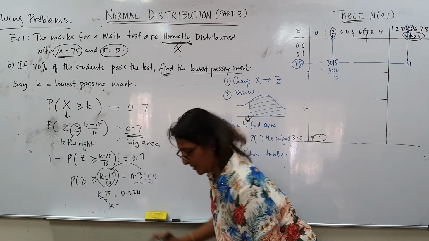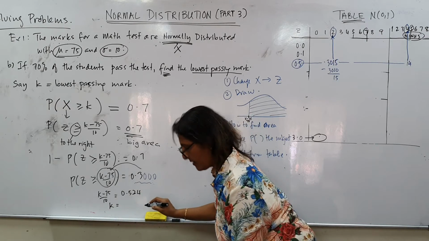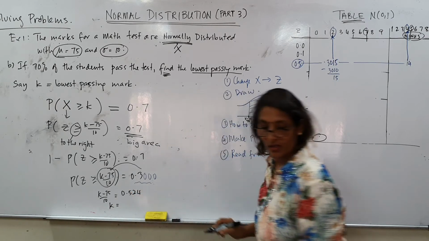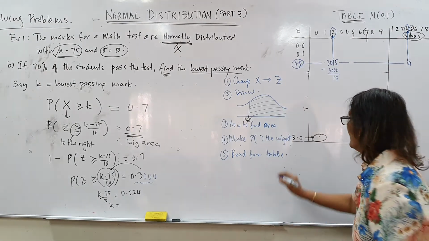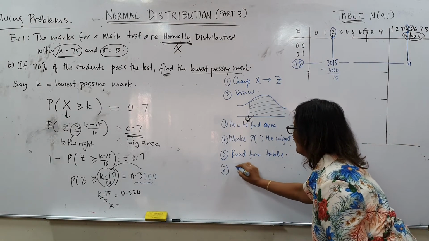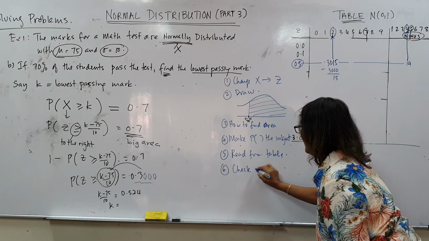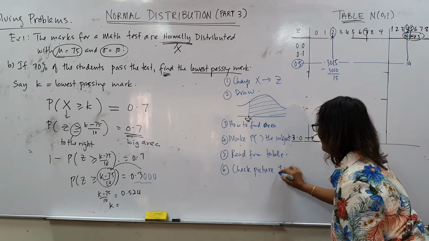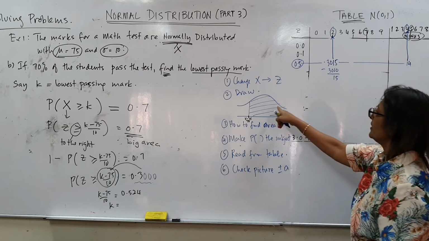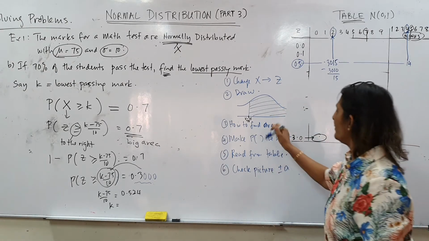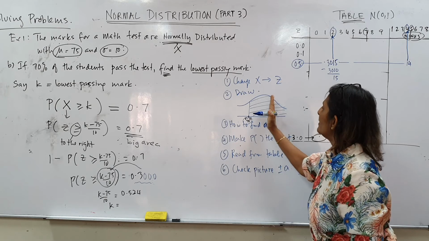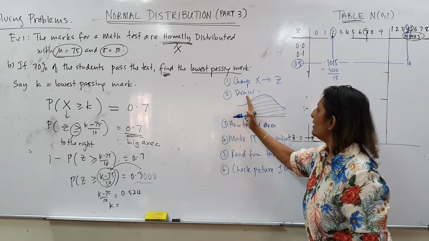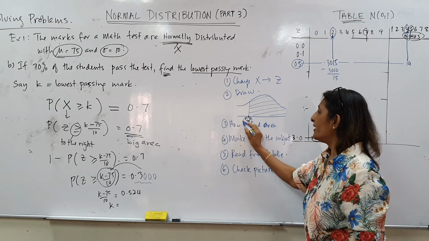Then you calculate the value of K. Before that, you forgot one more step. Remember step 6, check picture for positive or negative A. Look at the picture. Where is your A? It's on this side. If it's on this side, meaning it's a negative value.